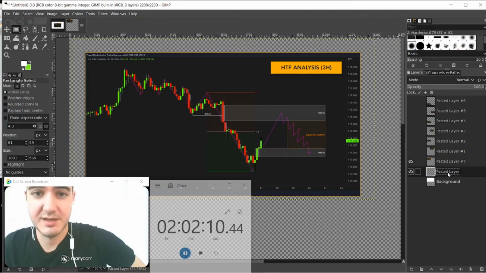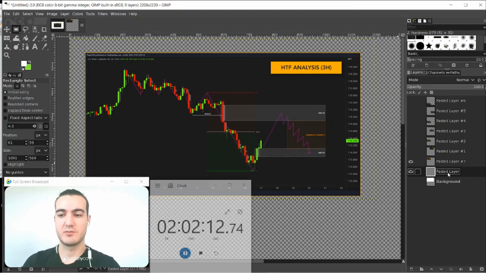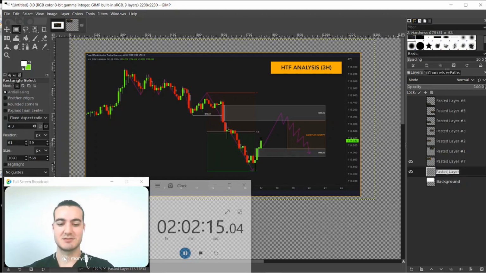And we're actually going to take the time to give our layers meaningful names, because this might get a little complicated. High time frame, 3 hours.